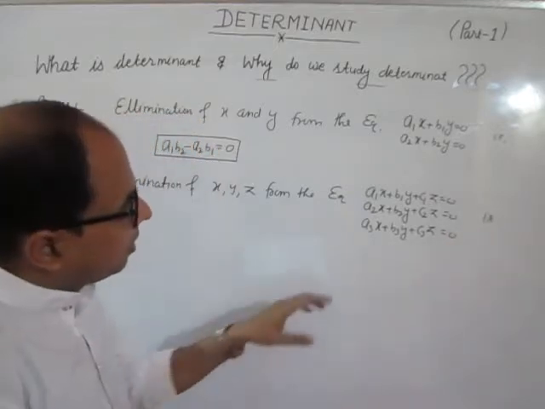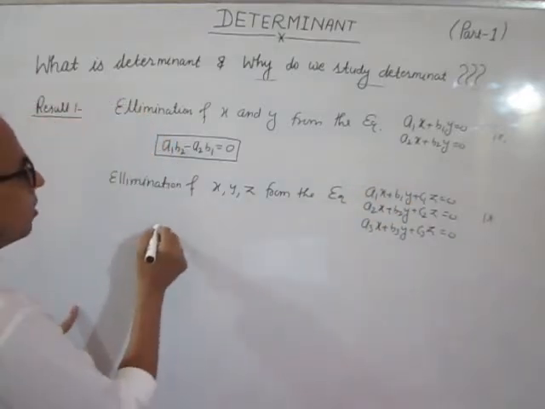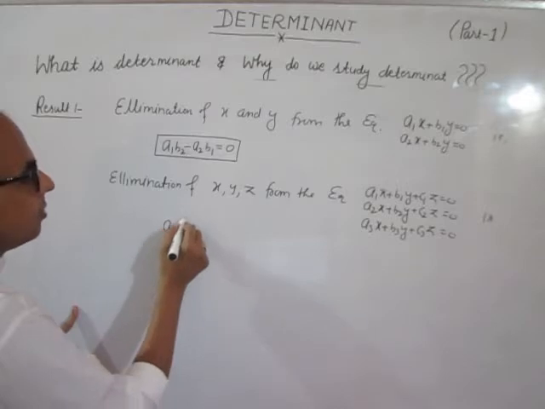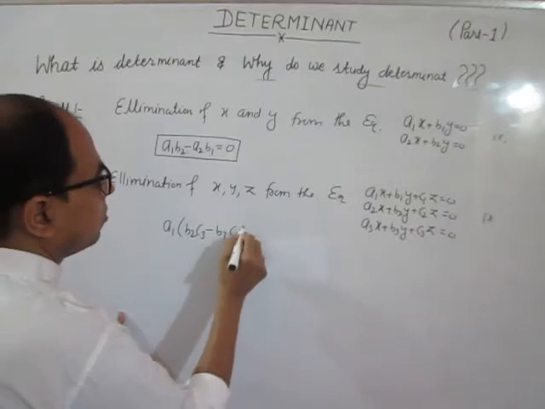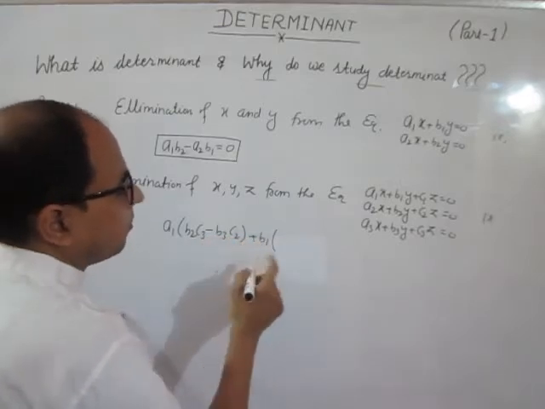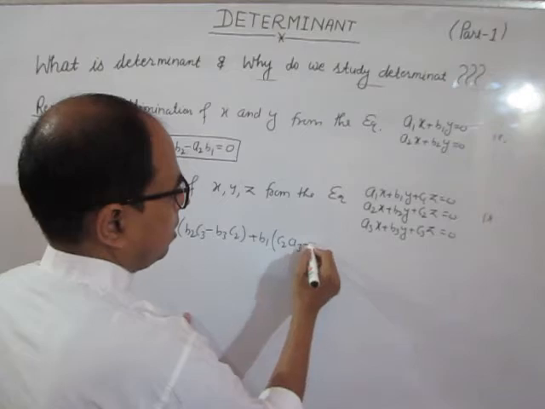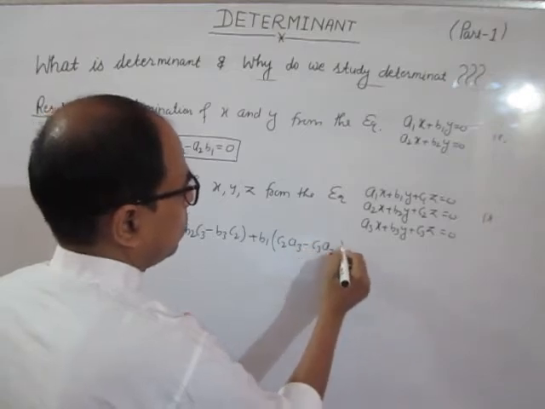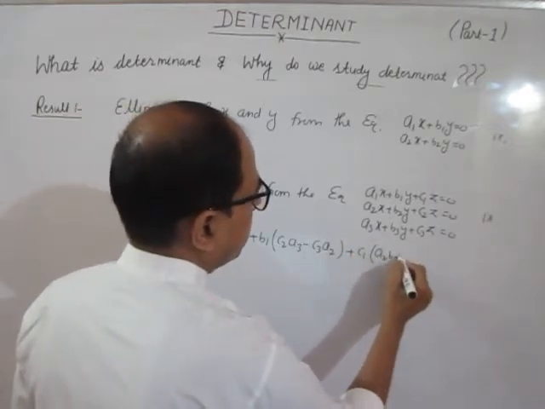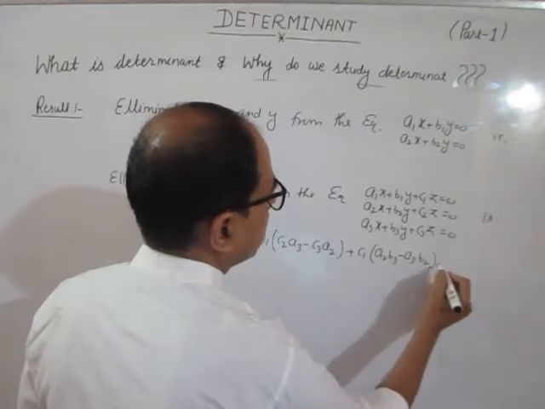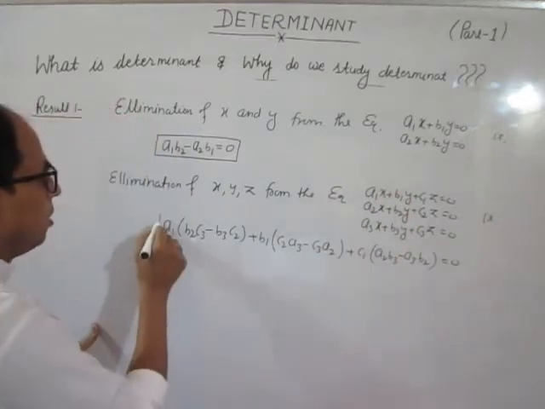So after eliminating x, y, z from these three equations, we will get the expression a1 (b2 c3 minus b3 c2) plus b1 (c2 a3 minus c3 a2) plus c1 (a2 b3 minus a3 b2) equal to 0. So after elimination of x, y, z from these three equations, you will get this expression.